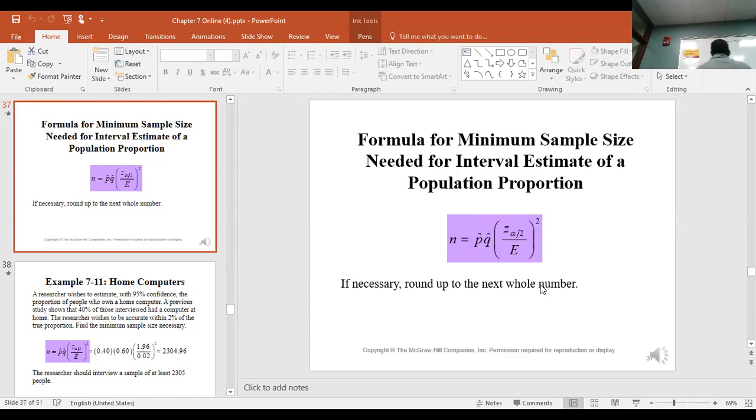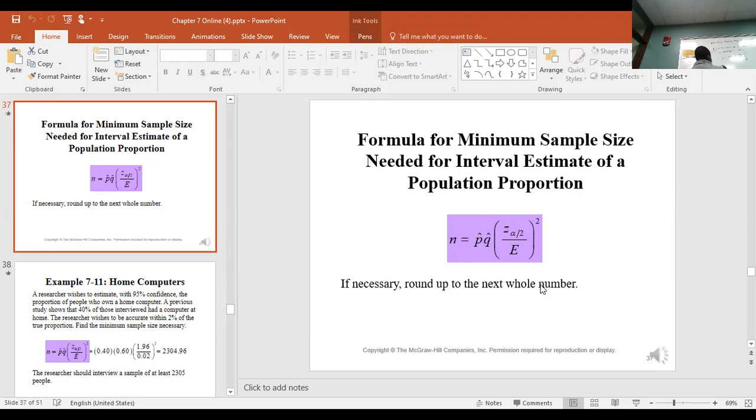When we do that, there are two conditions. If an estimate for p, the population proportion or probability of success, is provided, then n equals p times q times Z alpha over 2 over E, squared.